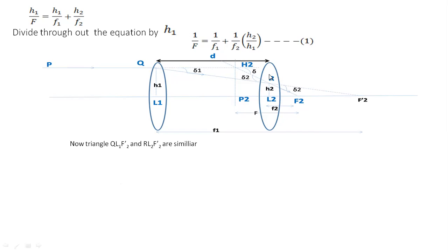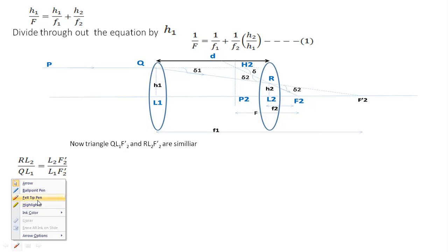Now we have to take the ratio of RL2 divided by QL1, which is equal to L2F2' divided by L1F2'.